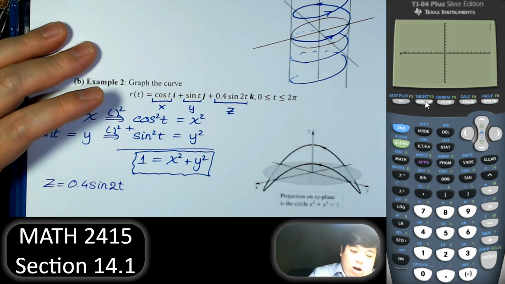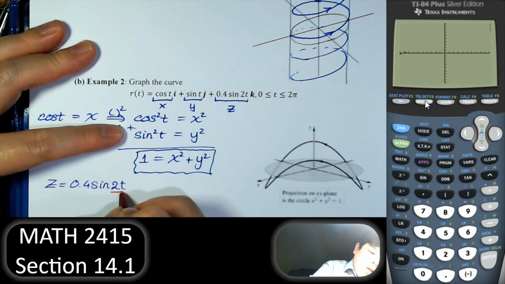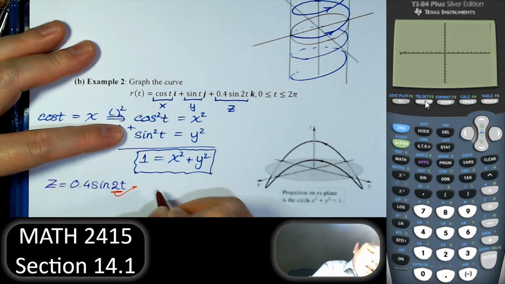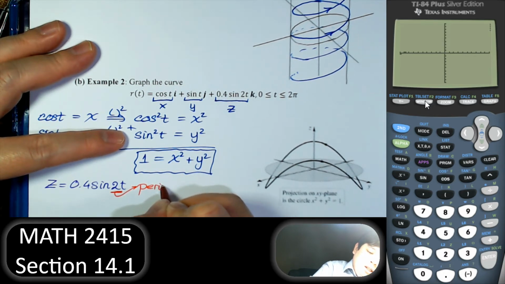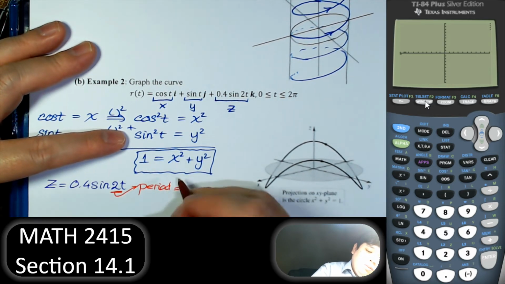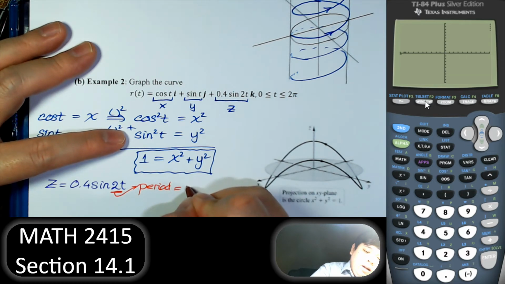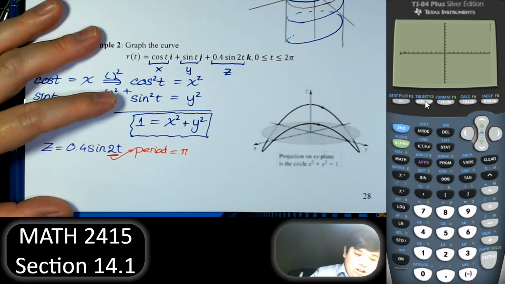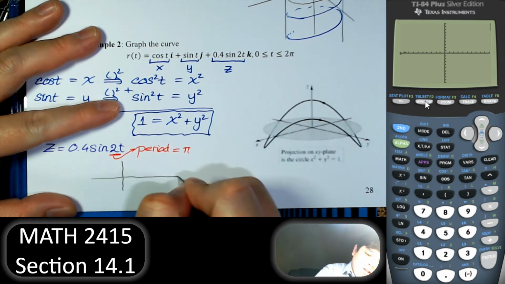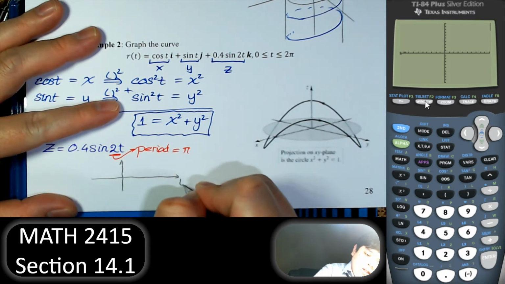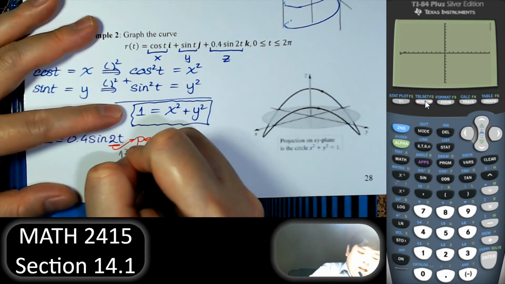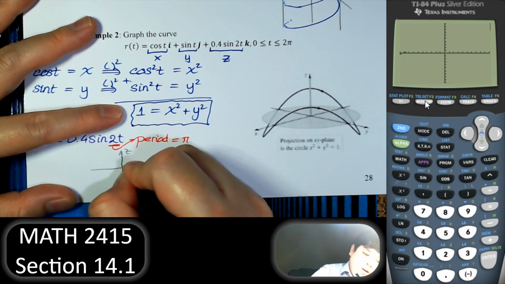What I'm trying to say here is there's a 2 here, meaning that the period is equal to pi. So if we graph that function of t, z, sine will start from 0.